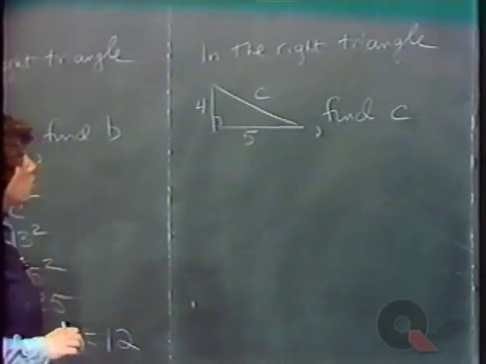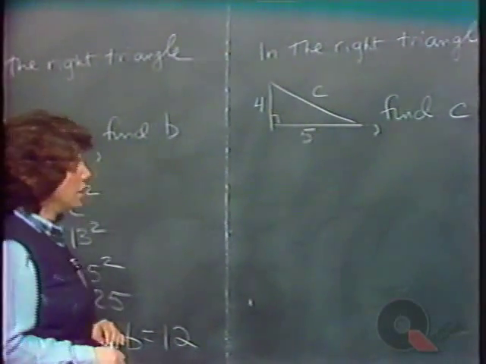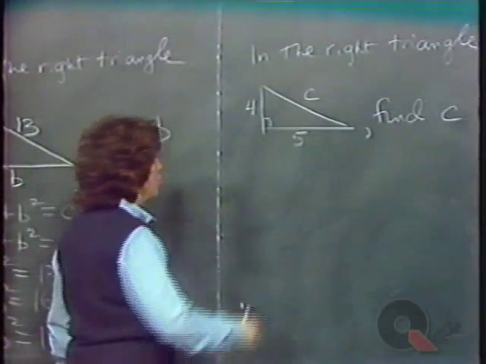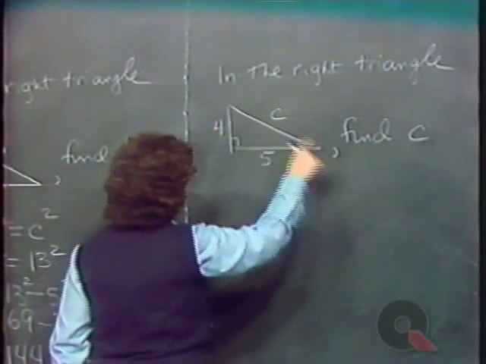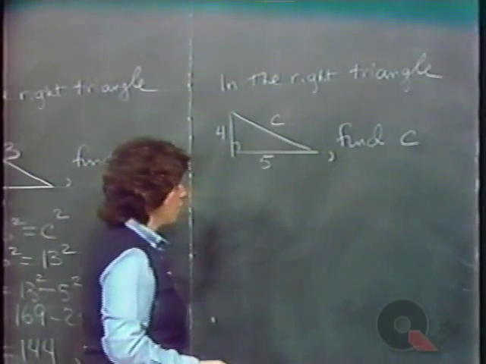So I'm sure on the exam one of the choices would be 3, but that happens to be incorrect. Okay, so just don't see 4 and 5 and assume that the other side is 3. It is clear that C is going to be the hypotenuse, the longest side in this triangle.